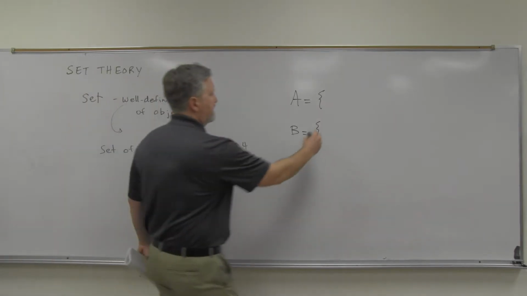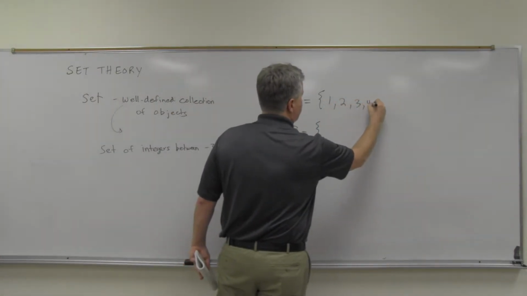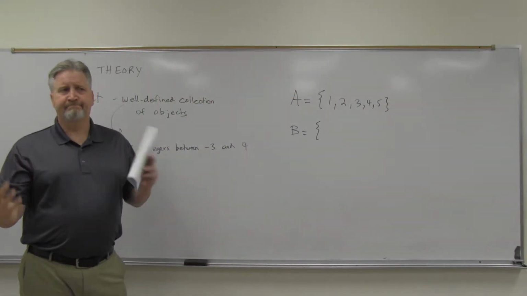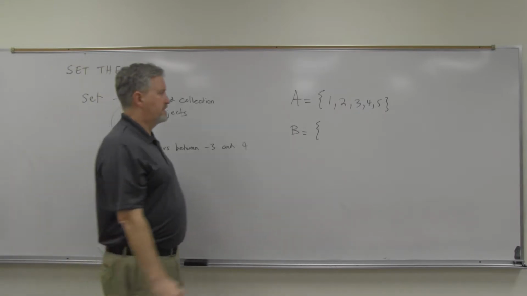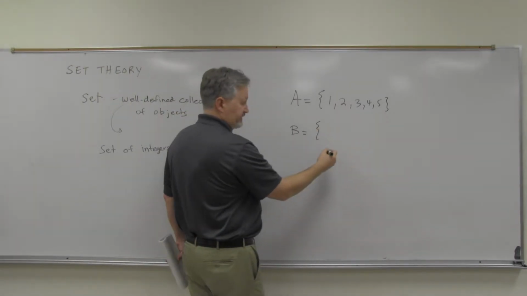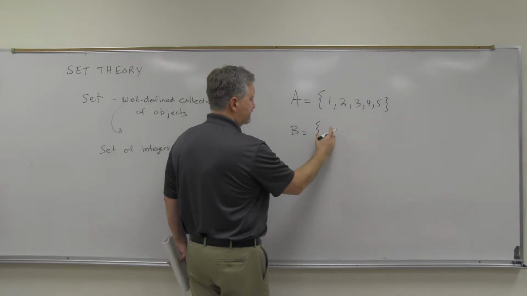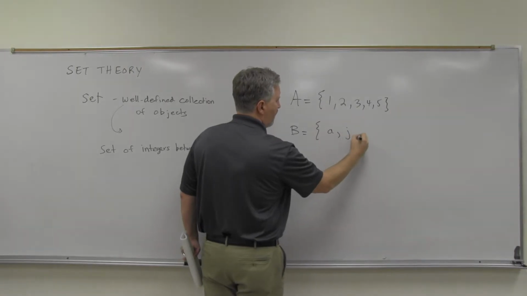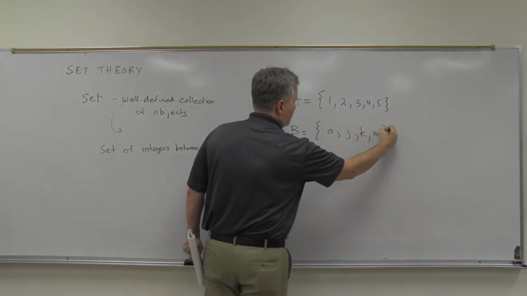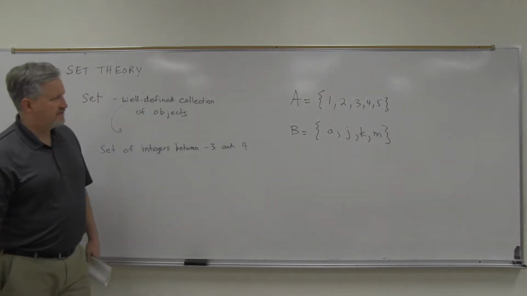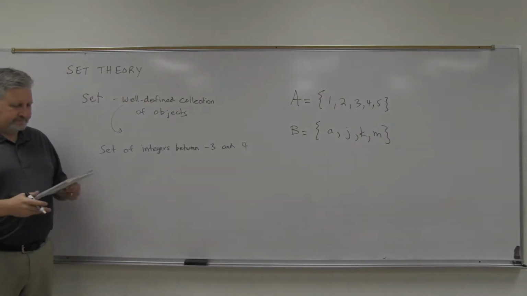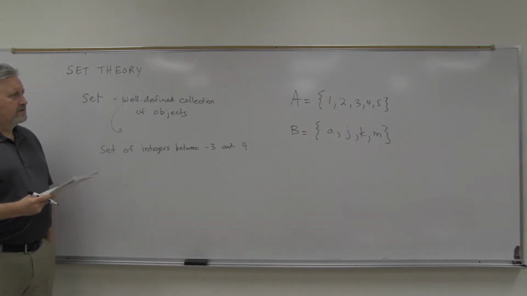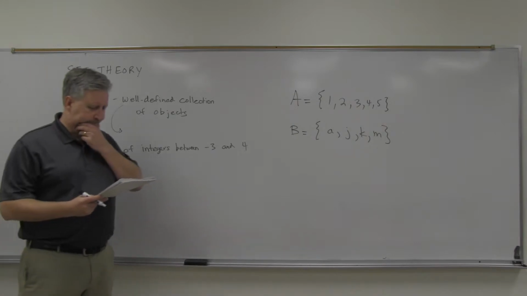Let's just say set A is 1, 2, 3, 4, 5. Set B doesn't have to be necessarily numbers. If we use letters for the items here, usually we use lowercase letters. So that's just a little bit of notation there.